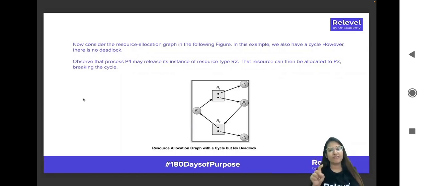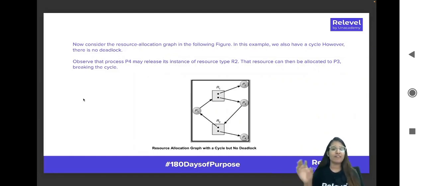Here, there is a resource R1 which is held by P2 and P3. There is a resource R2, which is held by P1 and P4, and P3 is requesting for it. Now if you see, P4 is holding R2 and it requires only R2.